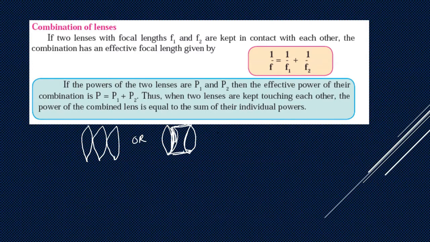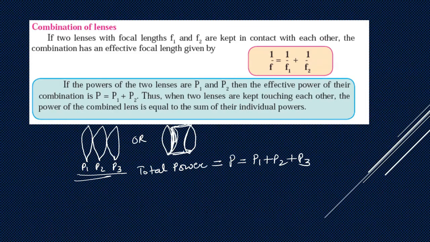In this case, let's say these are p1, p2, p3, the three powers. So the total power or the effective power of this combination will always be equal to p, which will be a normal addition of all the powers. So it is p1 plus p2 plus p3. It will be addition of all the powers.